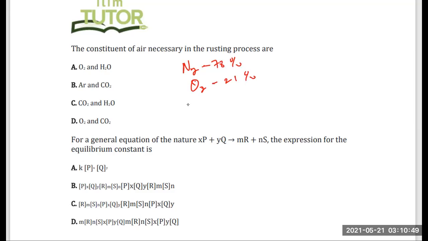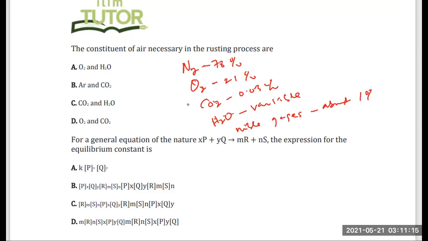Of course, we have CO2, about 0.03%. We have water vapor, which is variable. We have noble gases, about 1%. And also, of course, we have dust particles, which are also variable.